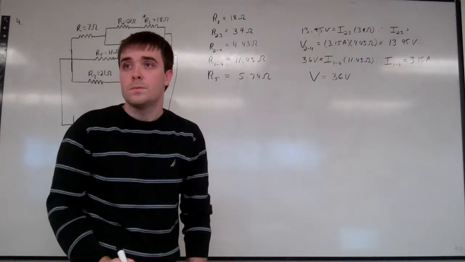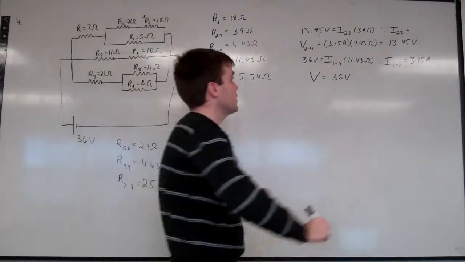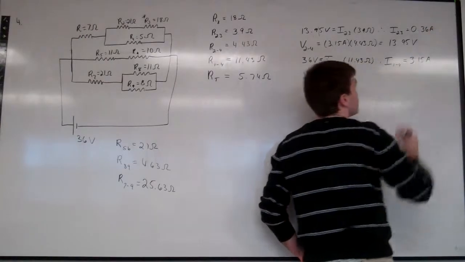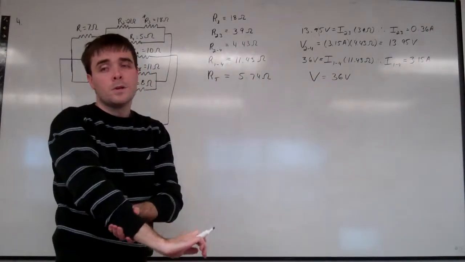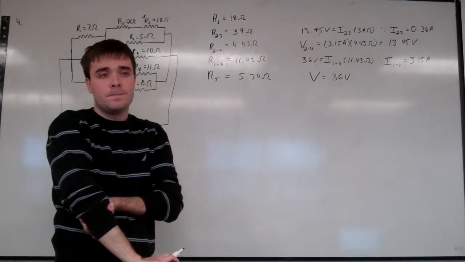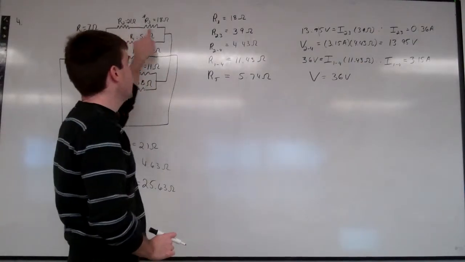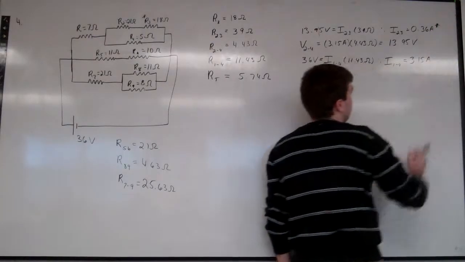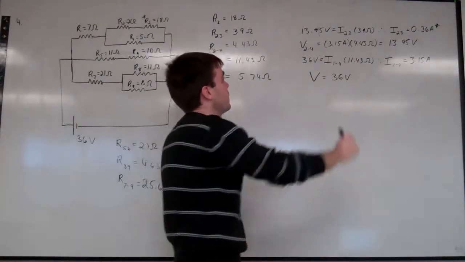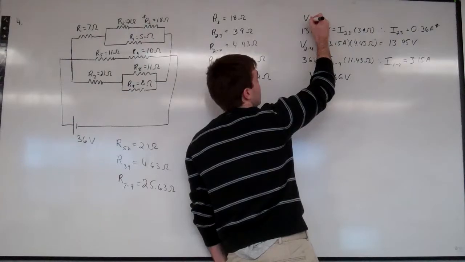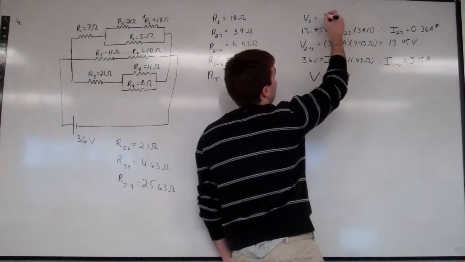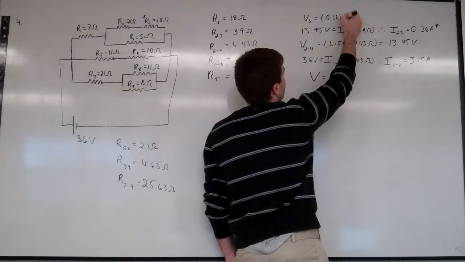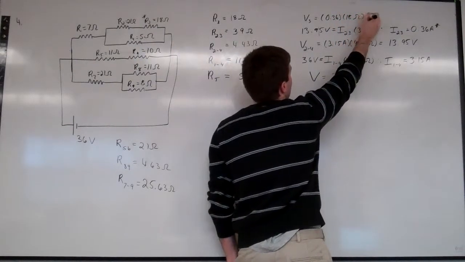No. 0.36. Okay. Questions on that part? So that's the current through the top branch, so that's one of our answers because that's the current through R3. And now I have to find the voltage across R3. So the last step is V3 equals IR, so 0.36 times 18 ohms.